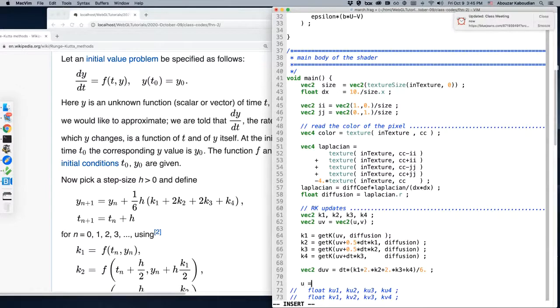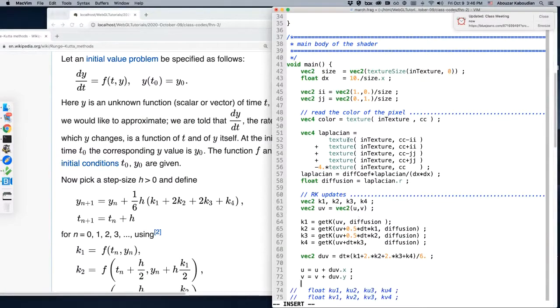And u can be updated by adding the change in u to the previous value, and v can be updated the same way. Now this is the vector implementation of the same thing.